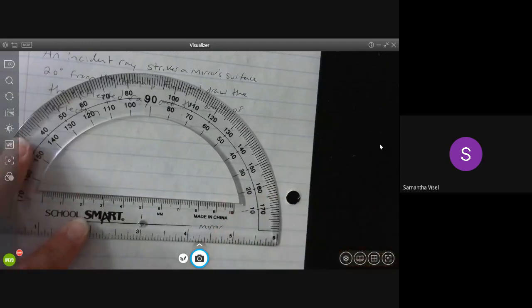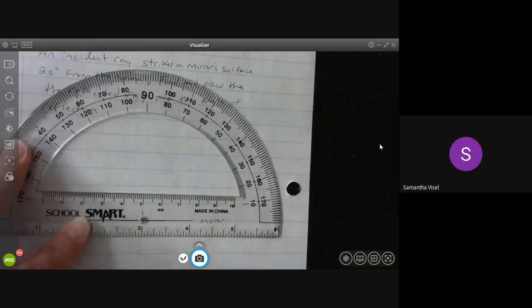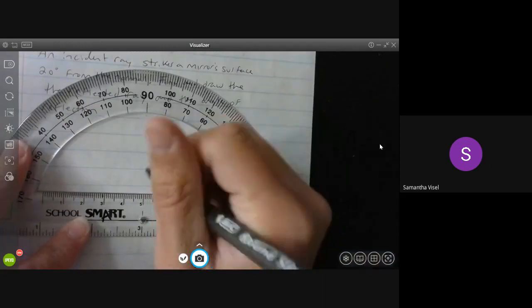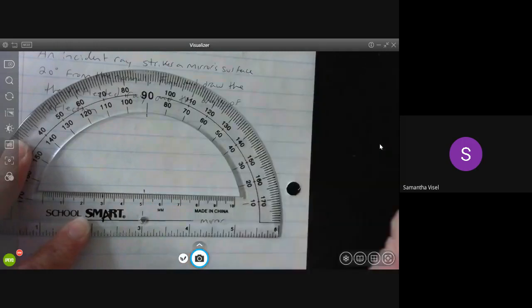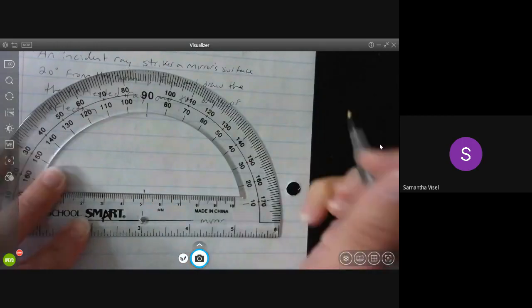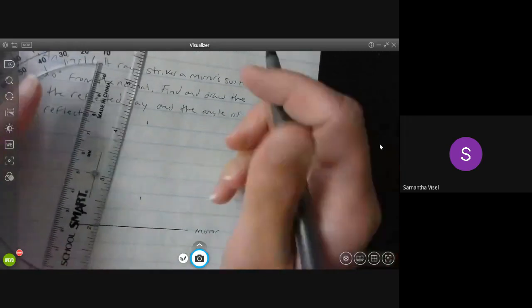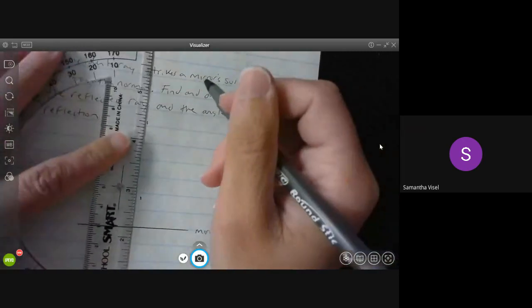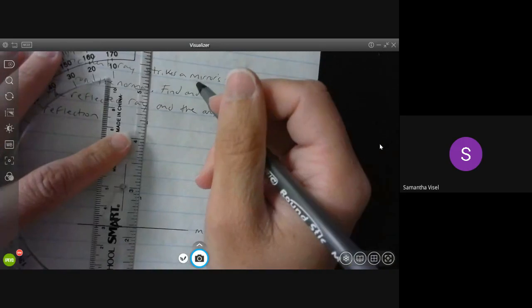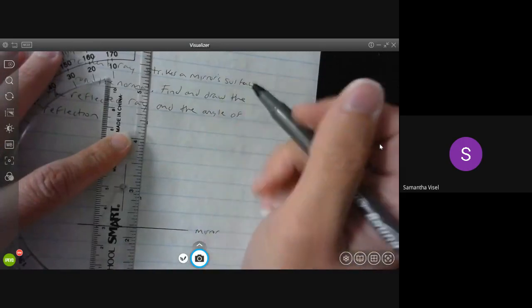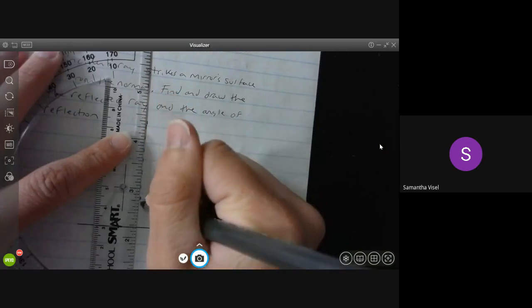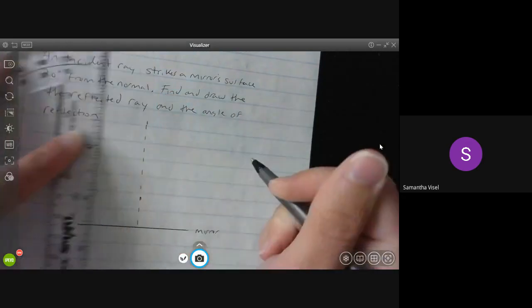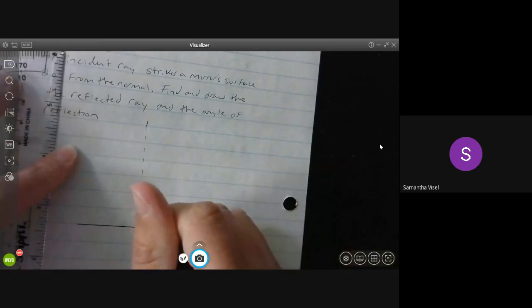And then when that looks pretty level here, here's 90, so we can draw a couple reference lines there just to make sure it's going to be a nice big straight line. Flip our protractor around, line it up here. We'll do some dash lines to our mirror surface. So this is our normal. It's perpendicular, so at a 90-degree angle here.